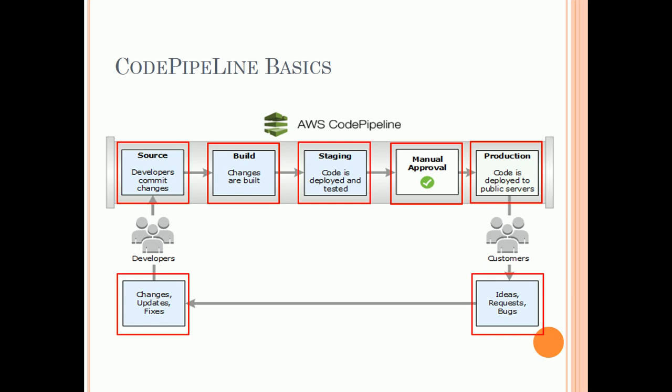Again, these instances can be EC2 instances. So this is a cycle which keeps going, and AWS Code Pipeline will run and automate the release process for any revision added in our source repository. So now let's understand its terminologies and how it works.